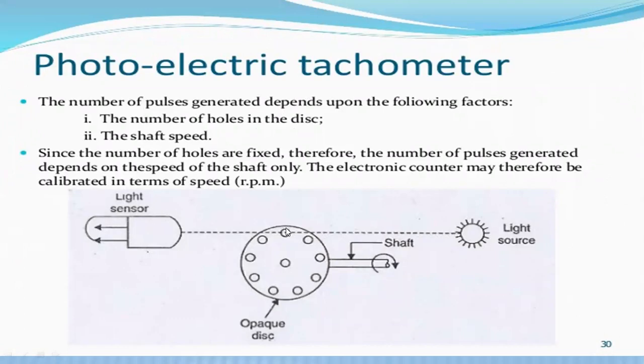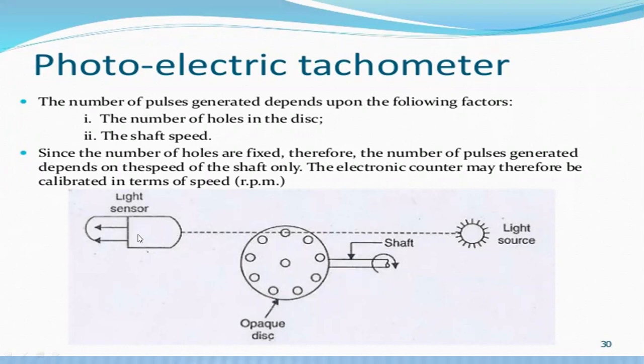You can see in the photoelectric tachometer, the light source is passing through the opaque disc. That opaque disc is connected to the rotating shaft. So the shaft is rotating with the opaque disc, the light is passing through the opaque disc and it will reach the light sensors.